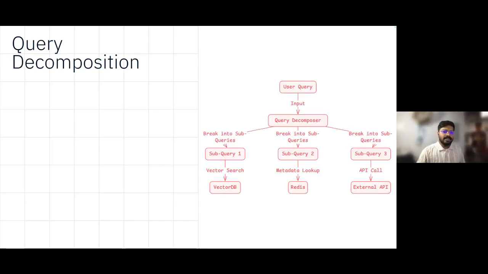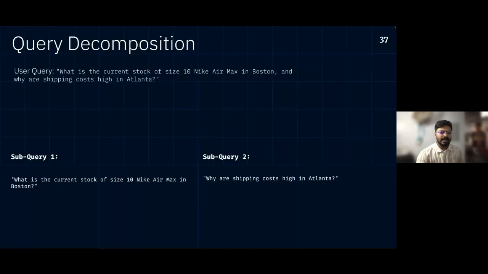Query decomposition. Let's say a user asks a very complex query: What is the current stock of size 10 Nike Air Max in Boston, and why are shipping costs high in Atlanta? If you split the whole query, it can be split into multiple subqueries.